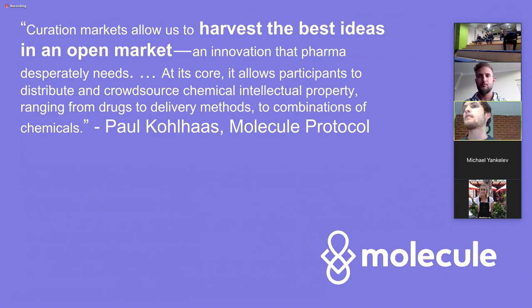And it enables price discovery, which is a big problem in the pharmaceutical industry. You've got a lot of people, big financial institutions or pharmaceutical companies who try and figure out how to price a drug. And you've got a lot of drugs at the moment where the price is not fair.